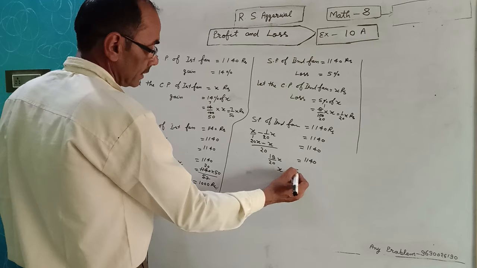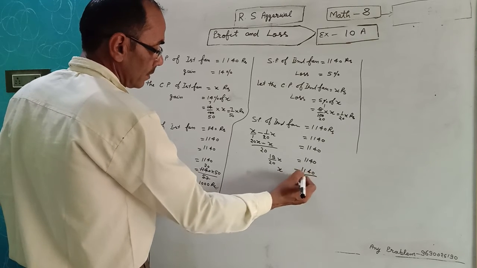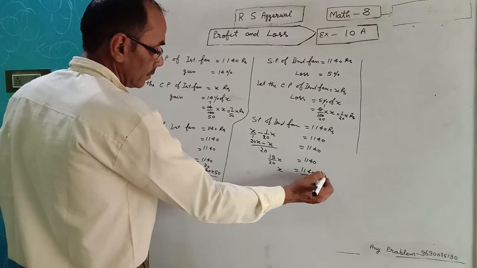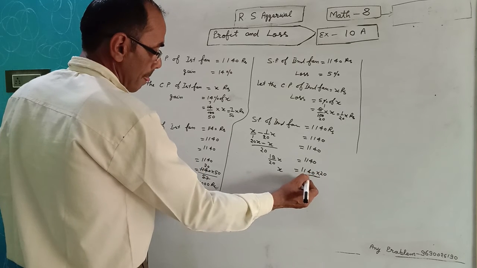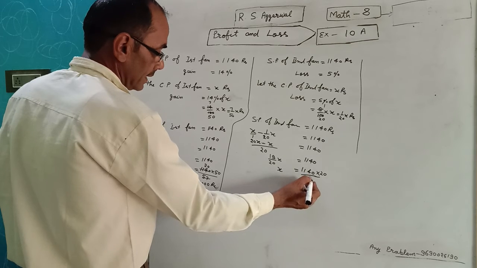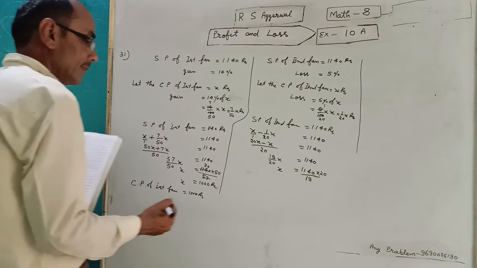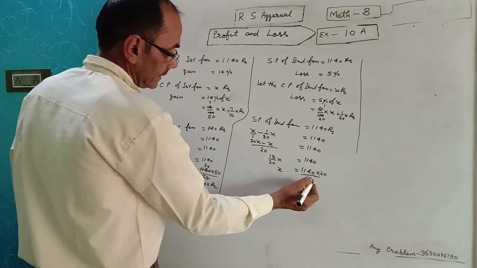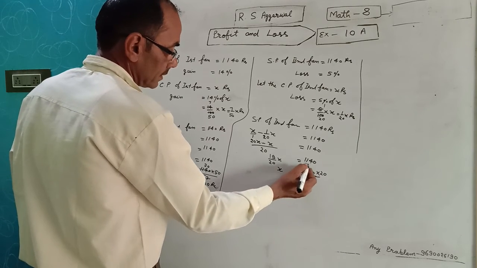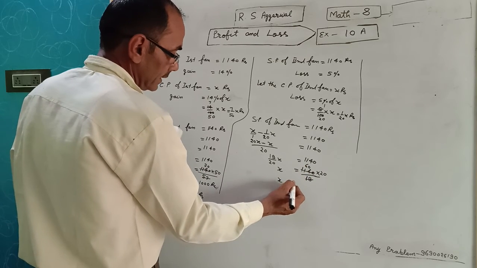Then x equal 1140 into 20 upon 19. 19 6s are 114.